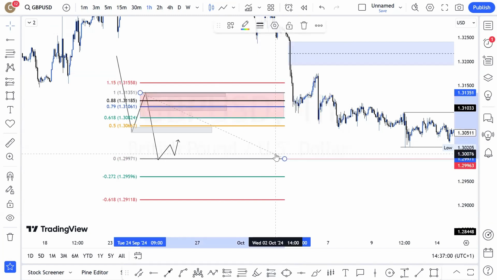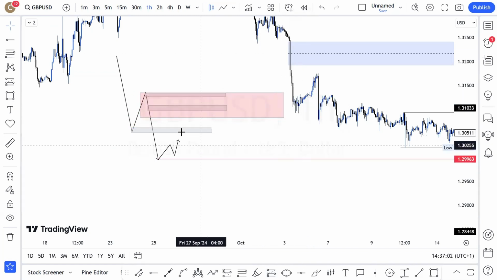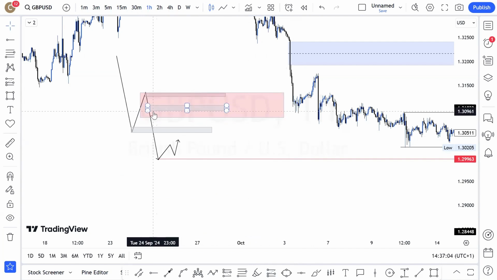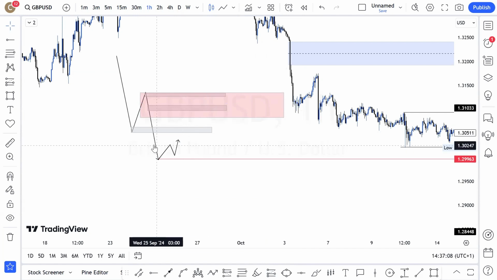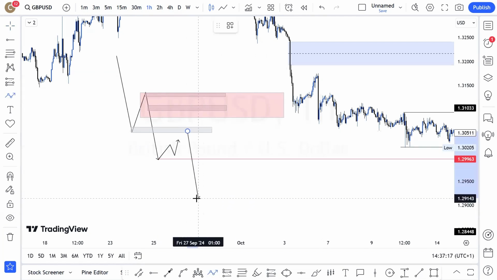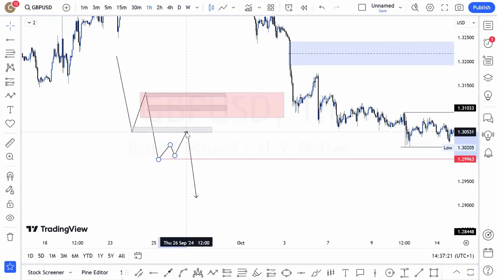Now, there are instances where you use this to sieve low probability zones from higher probability zones. By implication, you will neglect this zone. But if I see this market move straight to this zone and drop straight from there, I would have even included this zone as my POI.